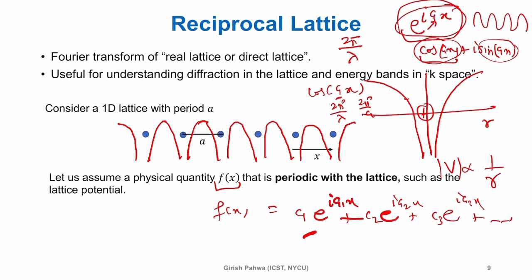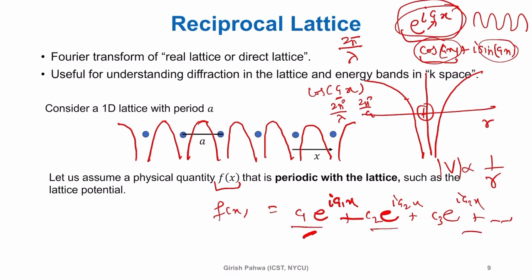Now these c1, c2, c3, depending upon what kind of function you have, some of the waves will have larger values of c1, c2, c3. So we will say that most of the significance of the function lies in those components.